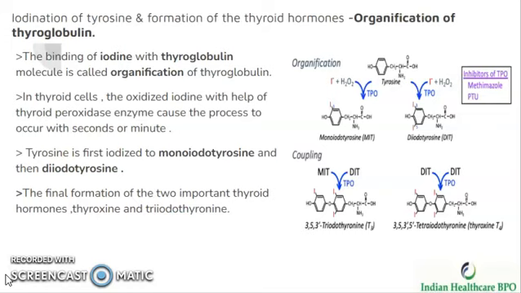Tyrosine is first iodinated to monoiodotyrosine and then diiodotyrosine. The final formation of two important thyroid hormones, thyroxine and triiodothyronine, occurs here.